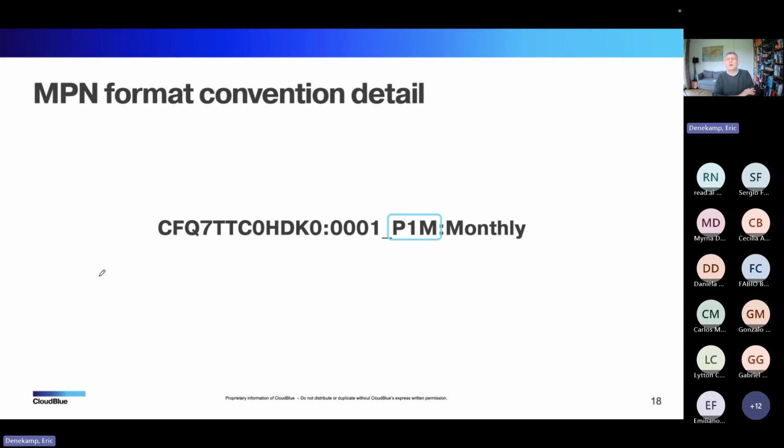So this is also how we can easily add, I would almost say, an object for a 3-year subscription. It's just P3Y at the place that is now highlighted.